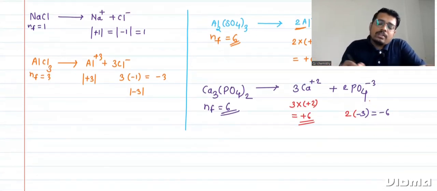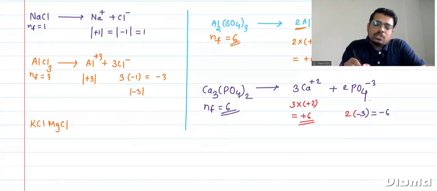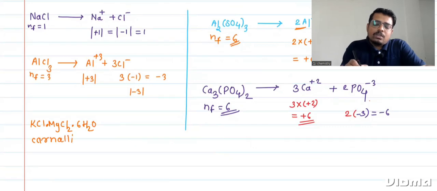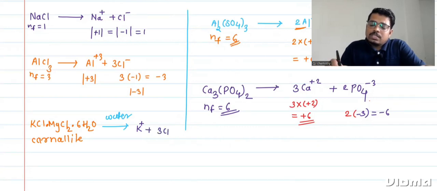Next example is carnallite, KCl·MgCl2·6H2O. The name of the compound is carnallite. When this salt is added into water, it gives K⁺ ion plus 3Cl⁻ ions plus Mg²⁺ ion and 6 water molecules.